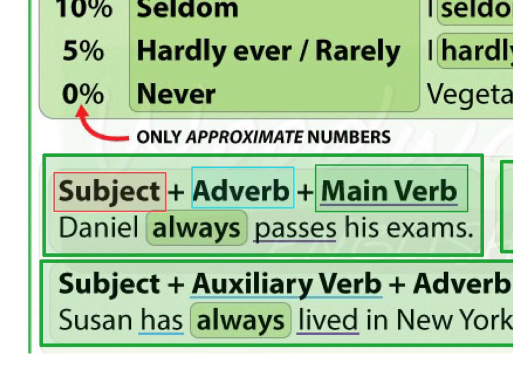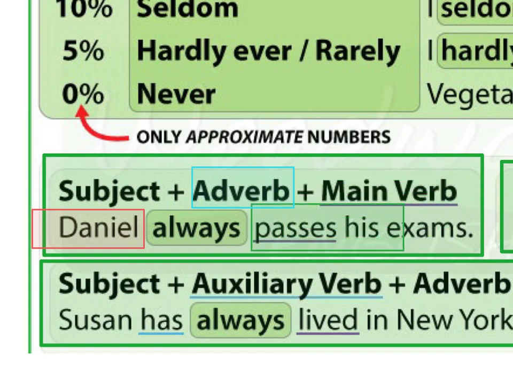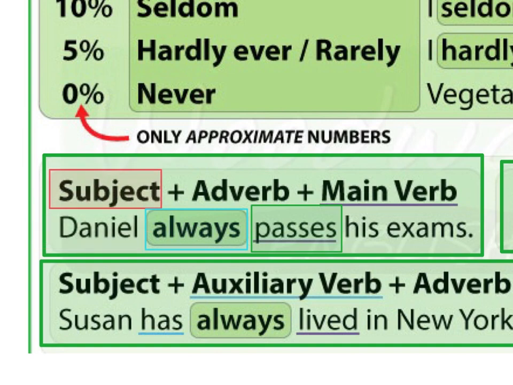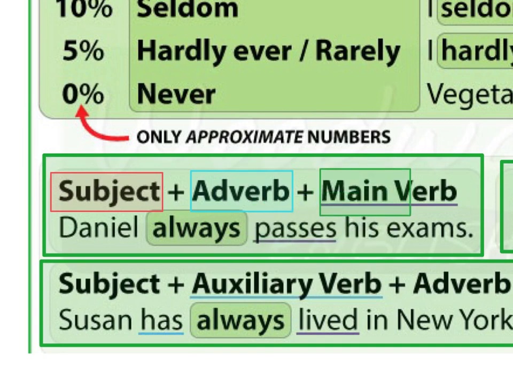In our example, we have Daniel passes his exams. And how often does he do this? Always. Wow, he must be a very good student. Okay, so that's the first type, and all of the examples on this page are using this type.